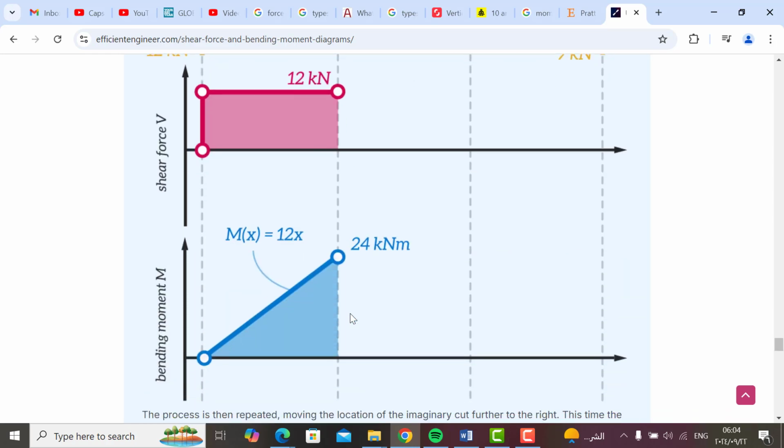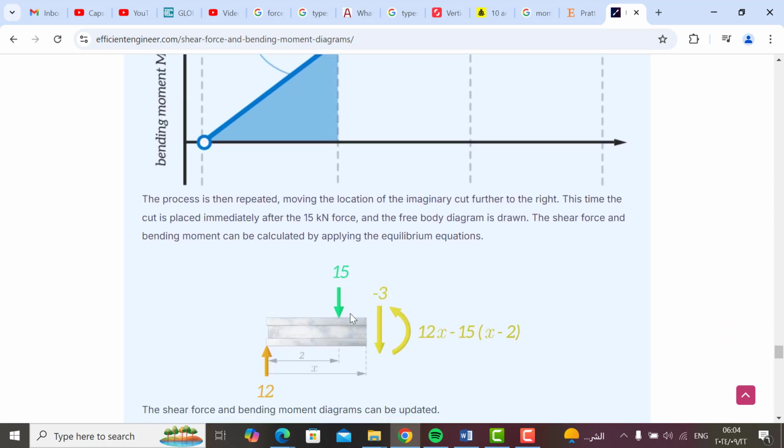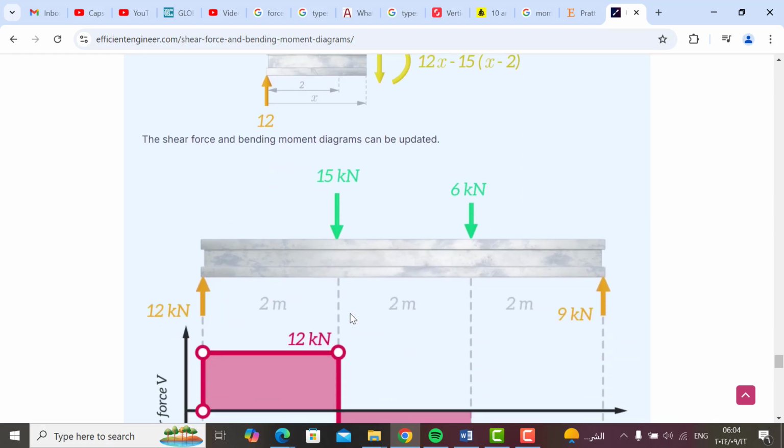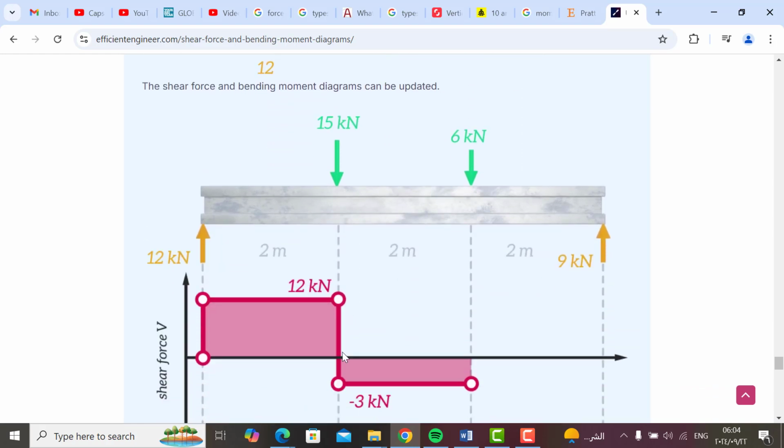So in the second diagram we will go down 3 from the 0, and here we will calculate the bending about here. So here we have this bending and this bending.